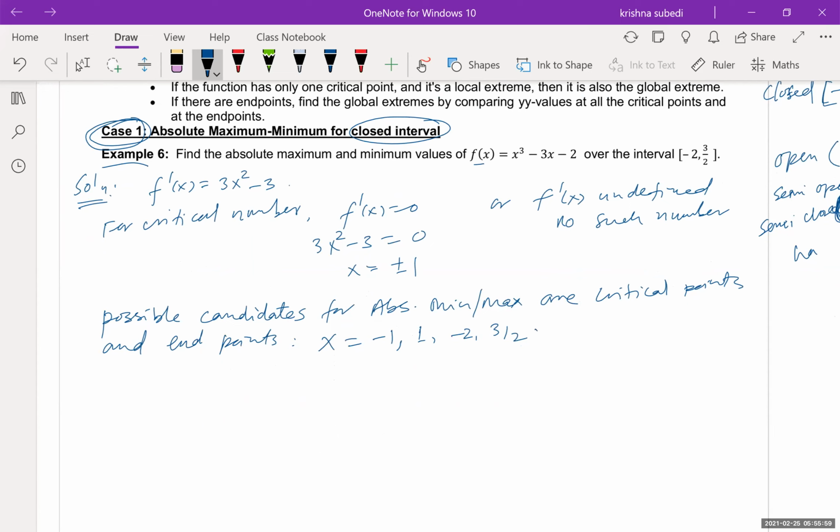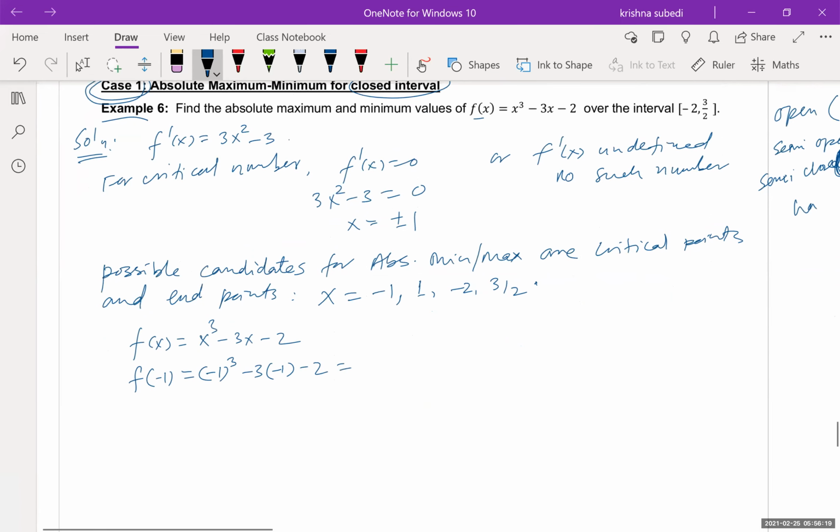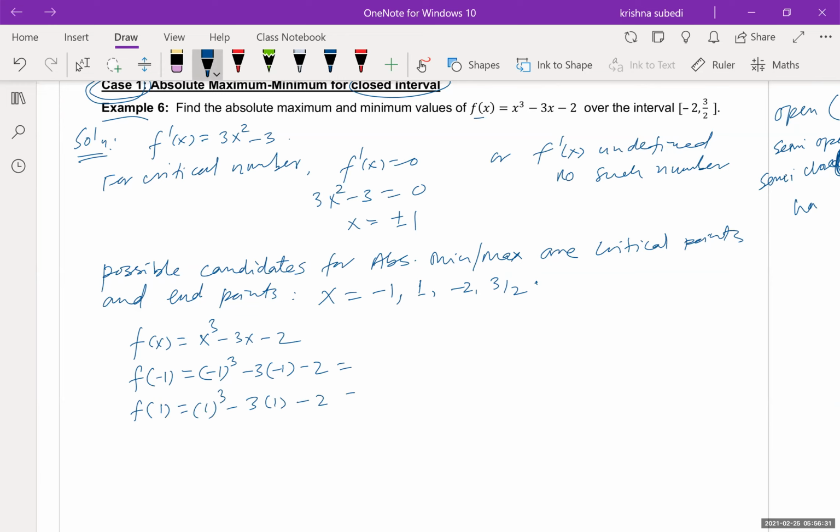Now, test the points in the given function. Let me copy the function as it is, which is x³ minus 3x minus 2. Now let me plug in this value, -1, which means (-1)³ minus 3 times -1 minus 2. I leave it to you. And f of 1 equals 1³ minus 3 times 1 minus 2.